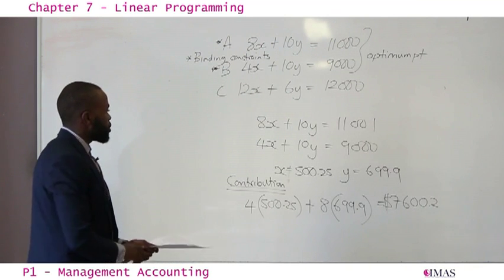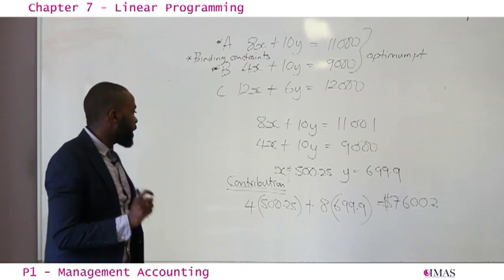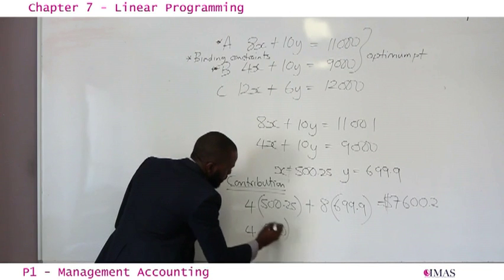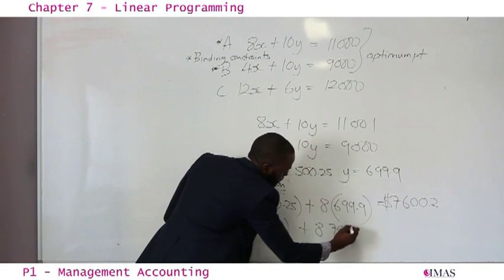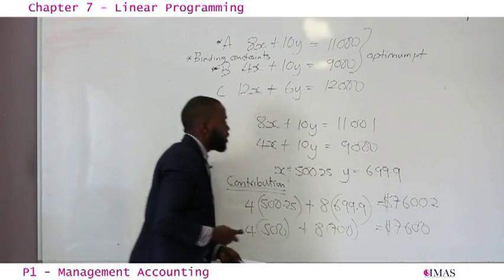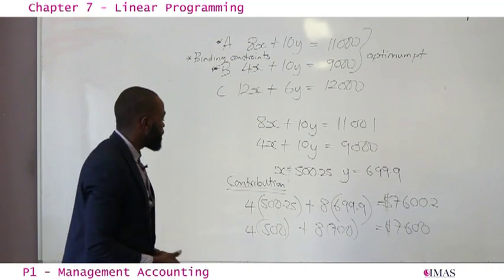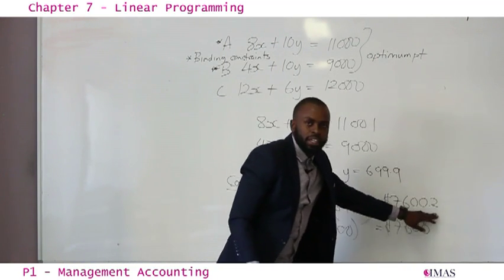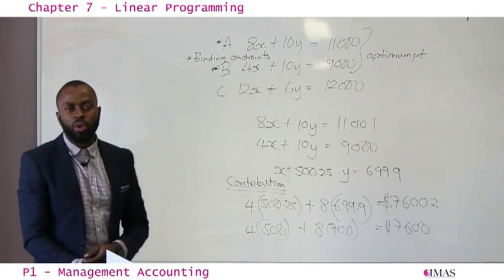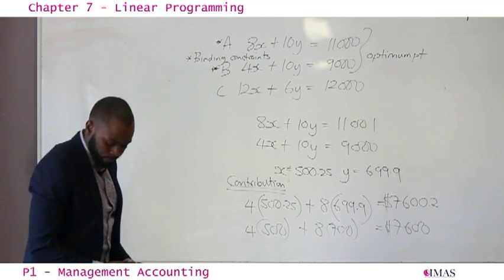Before, our contribution was 7,600 when we found our optimum point, when we used 500 and 700. Now, if we have one more hour in Department A, our contribution is increasing by only 20 cents, which means that the shadow price in Department A is 20 cents.